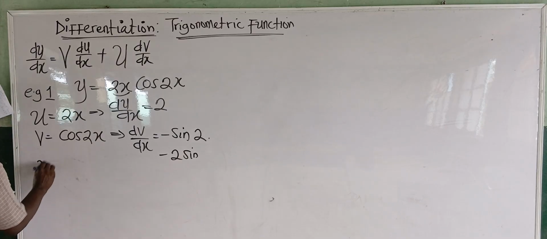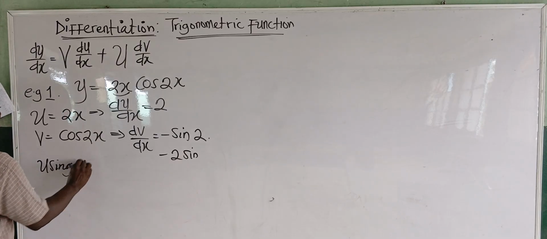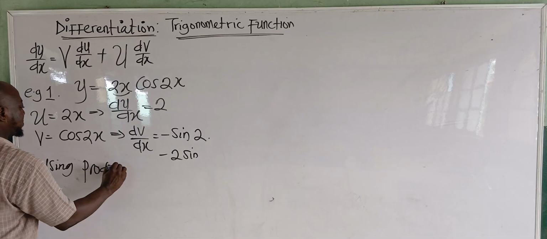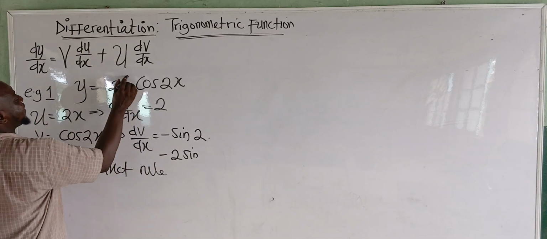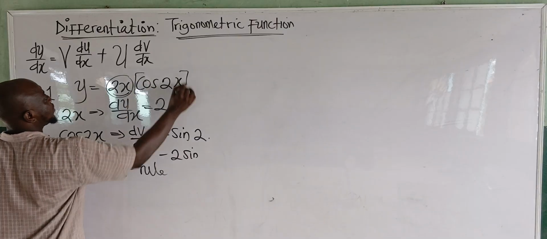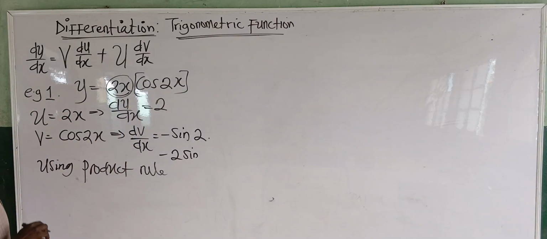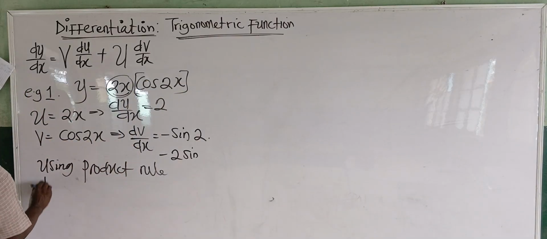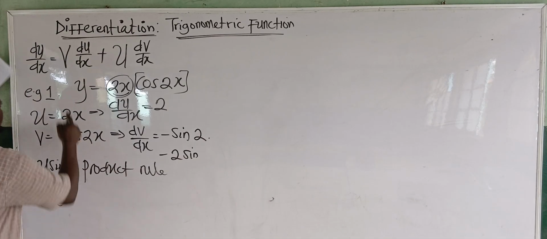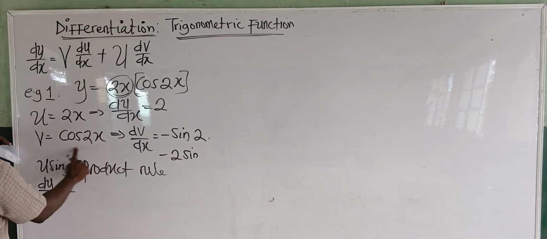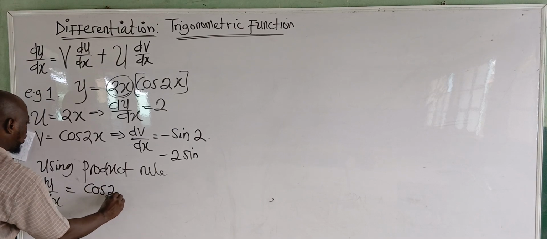So what do we use now? Using product rule. How do I know it's product rule? Look at this now. All this variable is multiplying this variable. It's multiplying it. That's why it's called a product rule. So we say our dy dx here will give us what now? What is my v? Originally, we said our v is cos 2x.